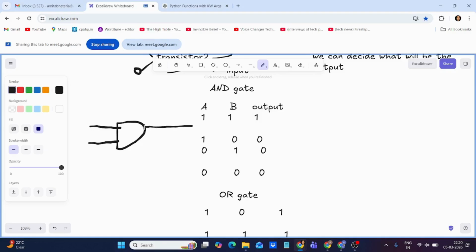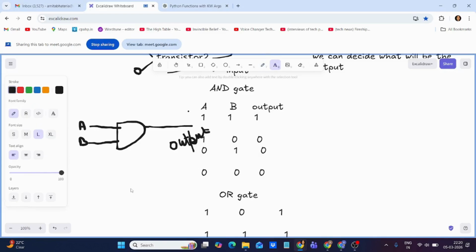And how can we calculate, if we say this is input A to the AND gate, this is input B to the AND gate, and this is the output, right? So here we are getting the output. Okay, it is bad writing, but I have just written output. Okay, understood?